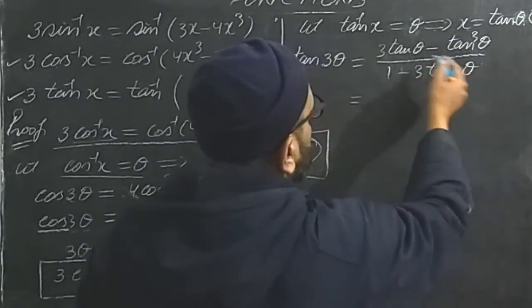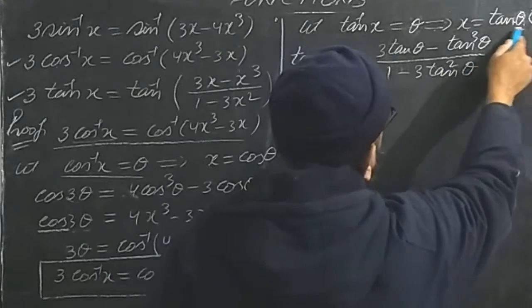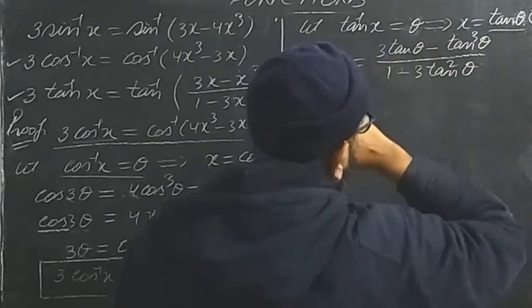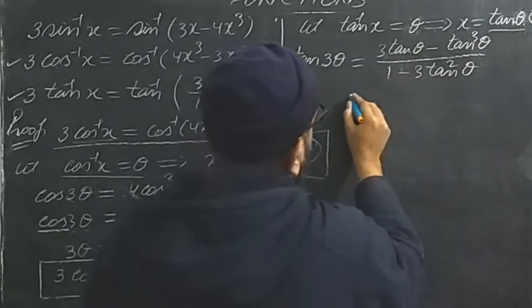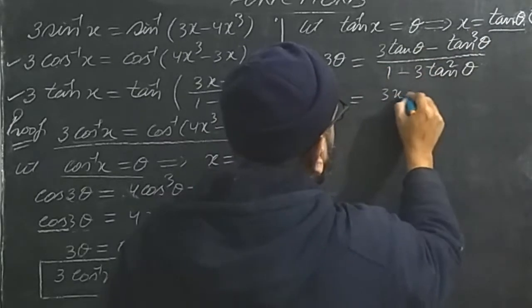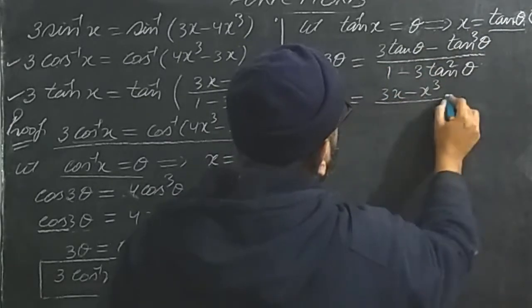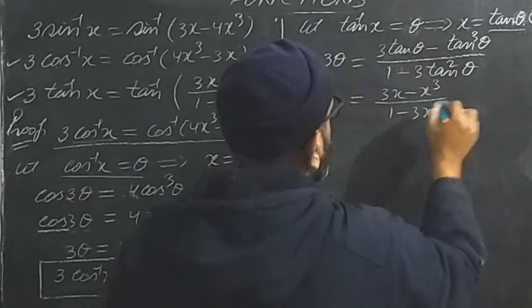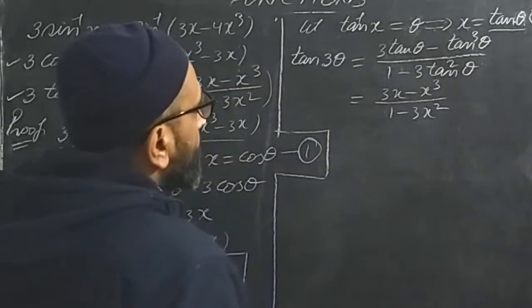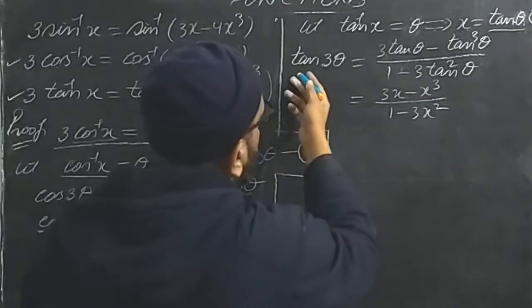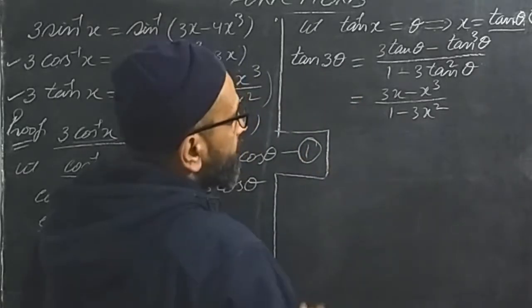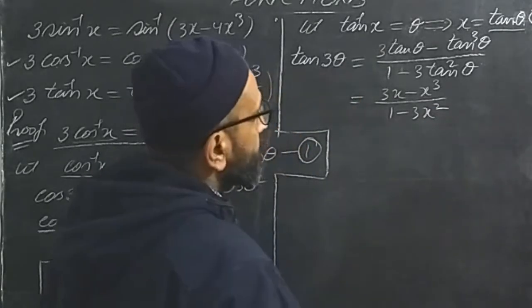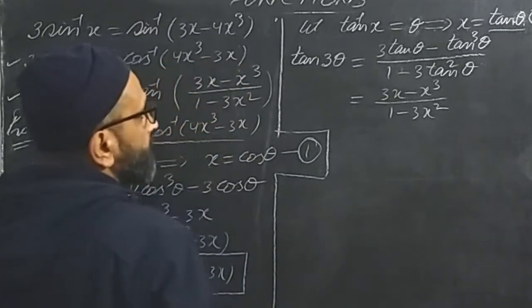Now the tan 3 theta formula is this, and we have to replace tan theta by x from equation number 1 here on the right hand side. So we get 3x minus x cube upon 1 minus 3x square. Now simply on the left hand side we get tan 3 theta, and on the right hand side we have 3x minus x cube upon 1 minus 3x square.